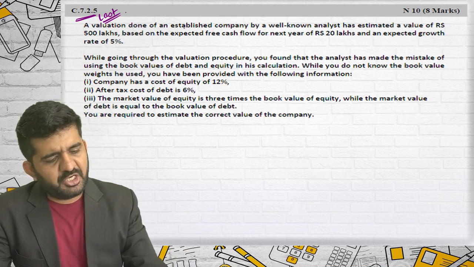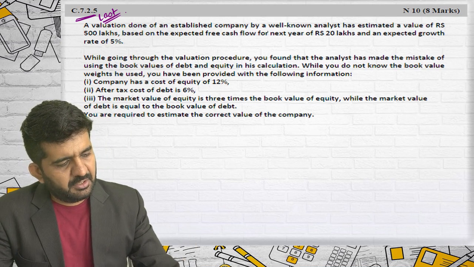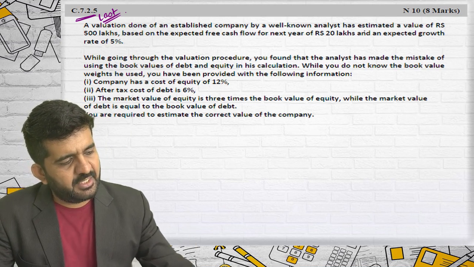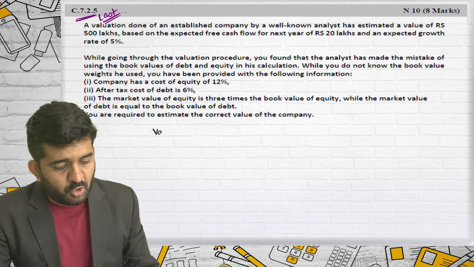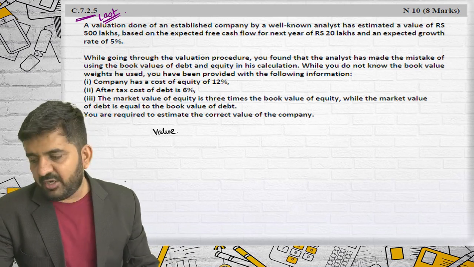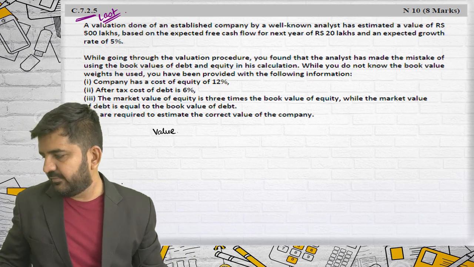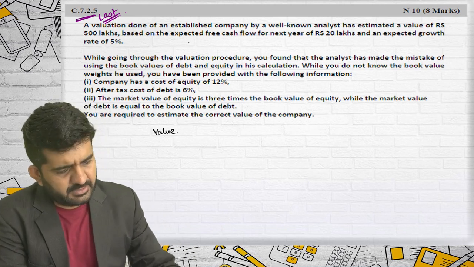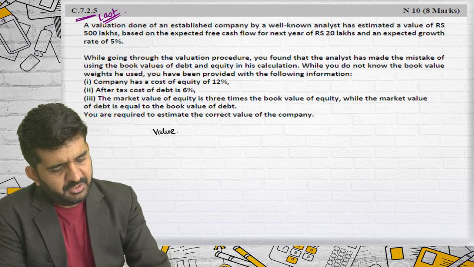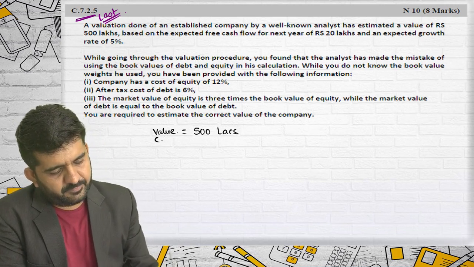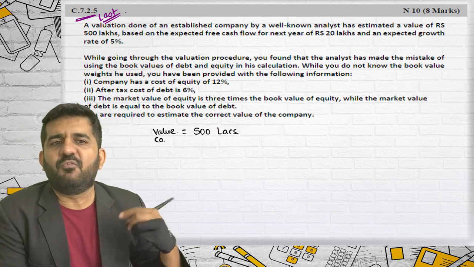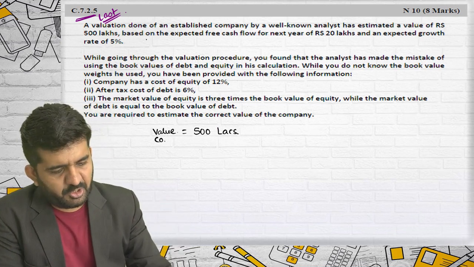The valuation done of an established company by a well-known analyst has estimated a value of 500 lakhs. So a person has already valued a company, and the valuation is 500 lakhs. Again, this is more of valuation, but let me do it right now.